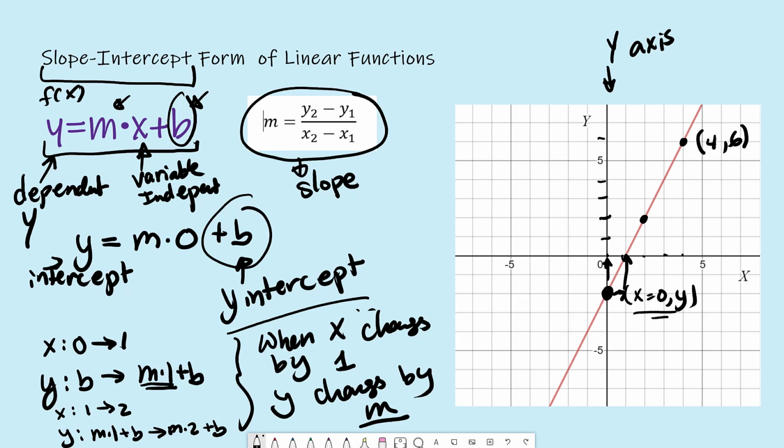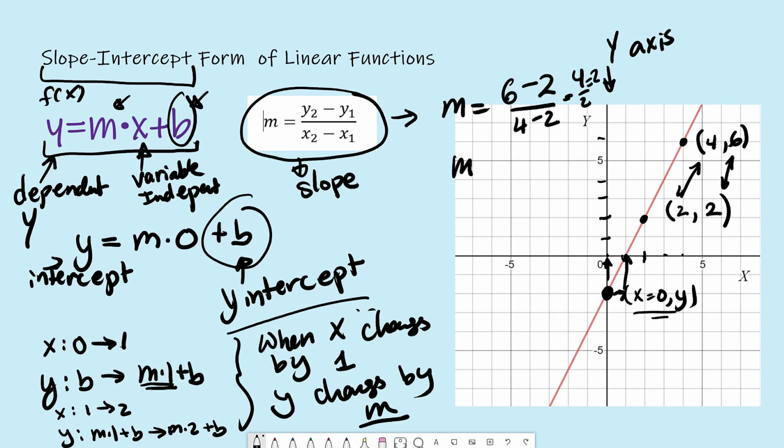So it's an ordered pair of 4 and 6. Here our x is 2 and our y is 2. If we use this formula, m equals 6 minus 2, these are the two y's, divided by 4 minus 2, equals 4 divided by 2, which equals 2. So we get that m equals 2 in this case, our slope.